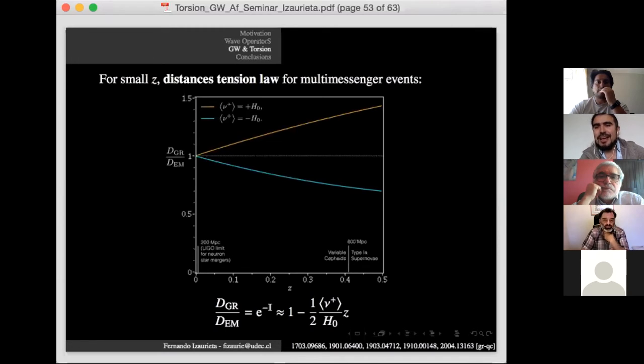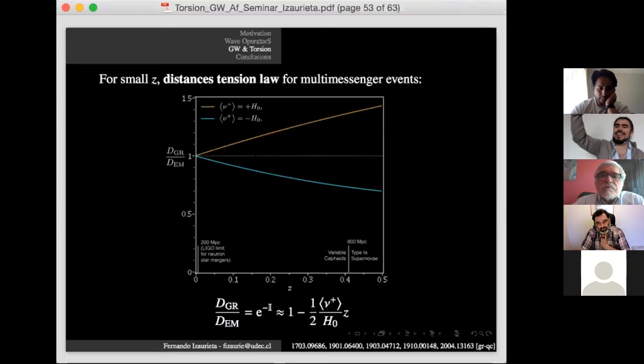Actually, the problem with that is that you cannot make a very good constraint of anything. You will need a much farther event, so the effect of torsion can work along the propagation of a gravitational wave. But as you can see in this graph, zeta 0.1 can allow us to make a much better constraint on one of the components of torsion.